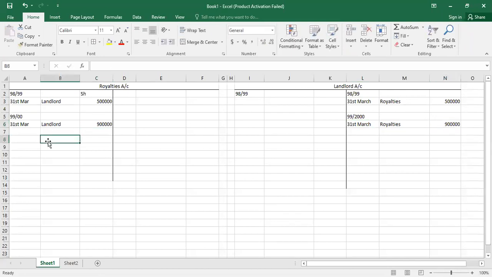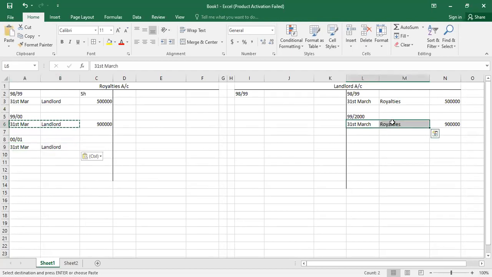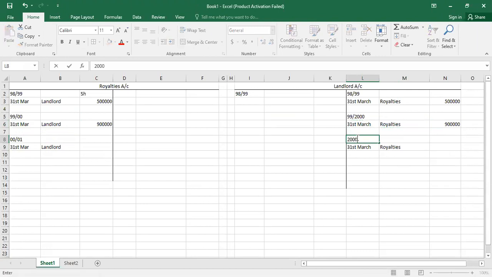Then in the subsequent year, year 3, this will be 2000, 2001.